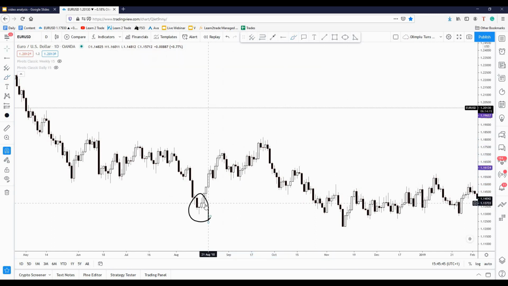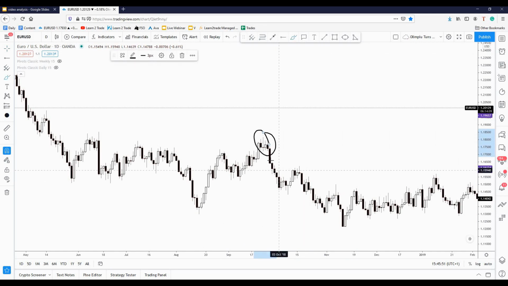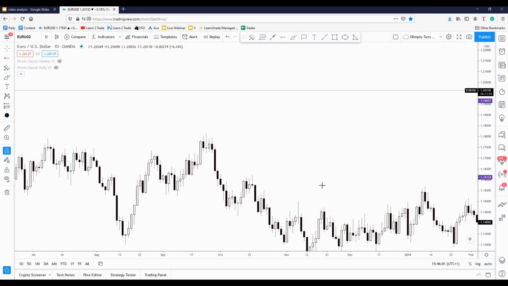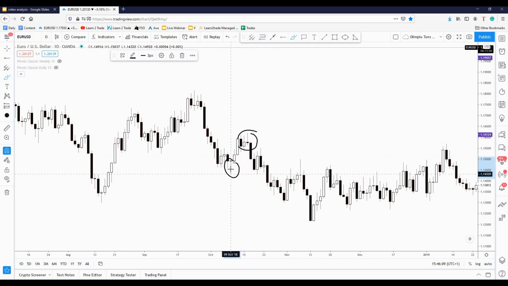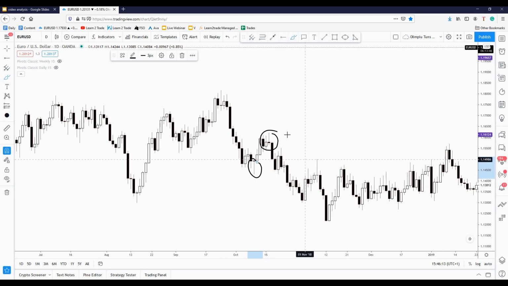Okay, and we can talk also about this one here, right? And the price has decreased right after the price has printed it. We have also one here, temporary rebound after printing this one, rebound, a bullish one, a bearish one, right?